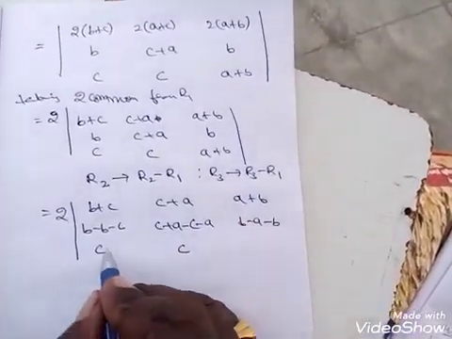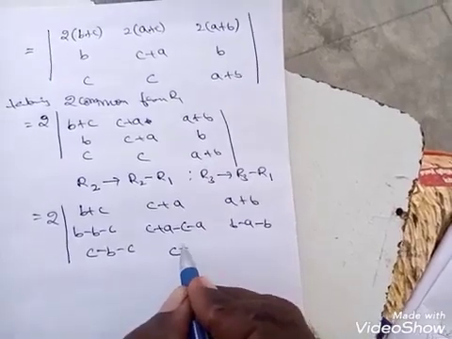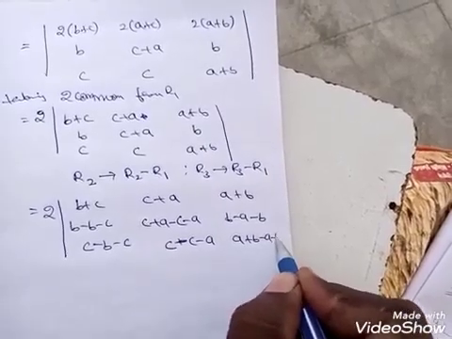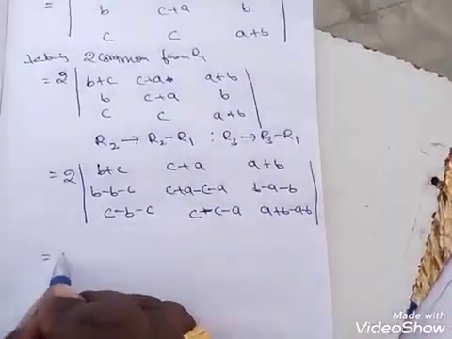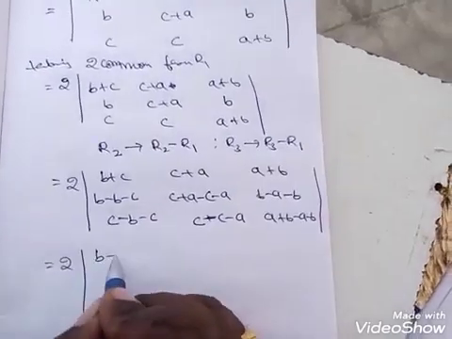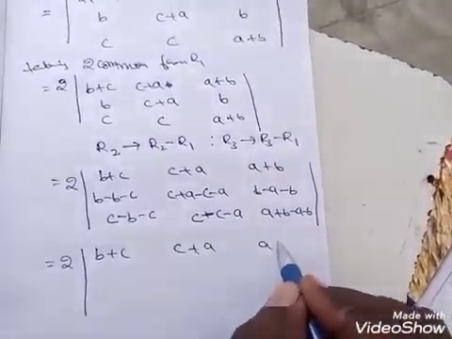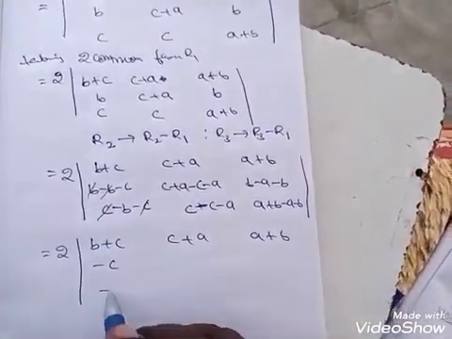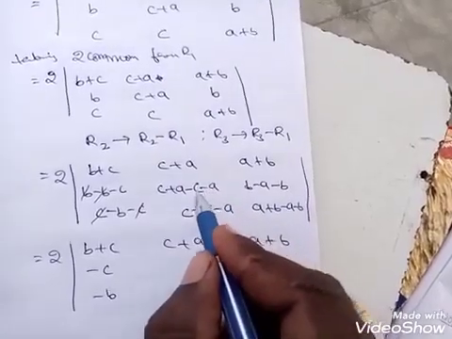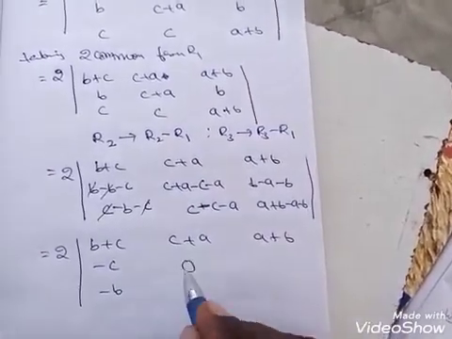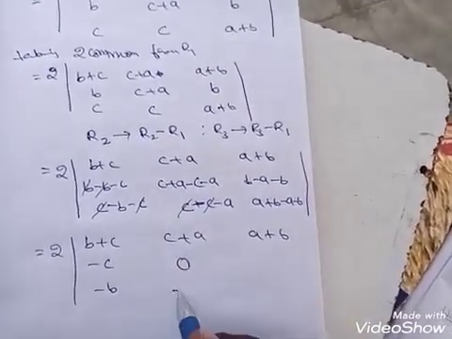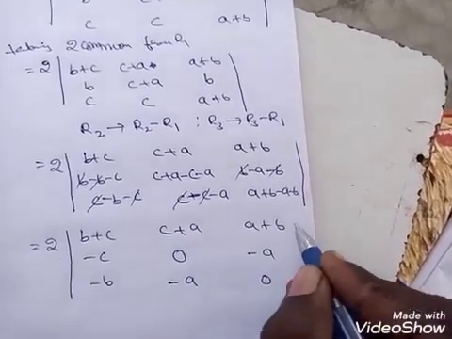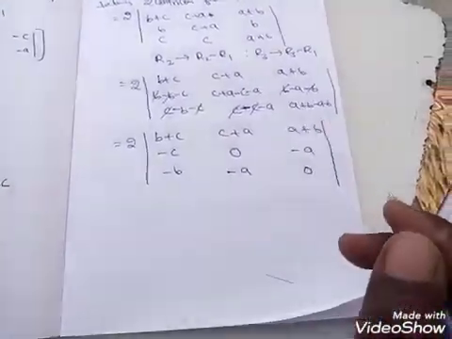Here, C minus B minus C, C plus C minus C minus A, plus B minus A minus B. Then what are you going to get, observe there, 2 into the determinant of B plus C, C plus A, A plus B. This is B gets cancelled, minus C. Here C gets cancelled, minus B. And here plus A, both get cancelled, 0. And C gets cancelled, minus A. And this is B gets cancelled, minus A. And this is 0.